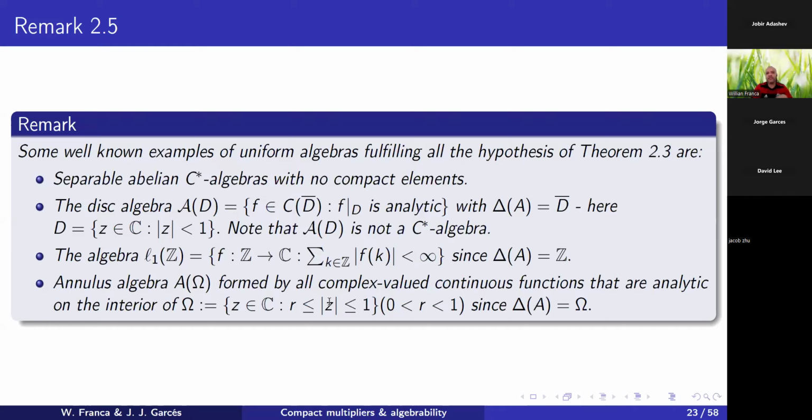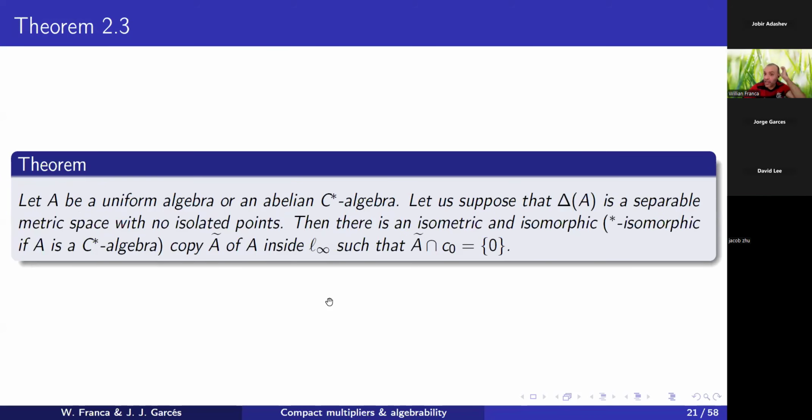So we do have many interesting and well-known spaces fulfilling the conditions, and you can also identify them as subalgebras or star subalgebras of L infinity satisfying this condition. Which is somewhat interesting or maybe even surprising.